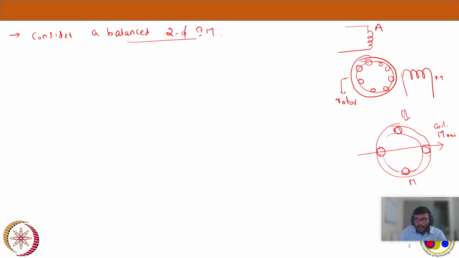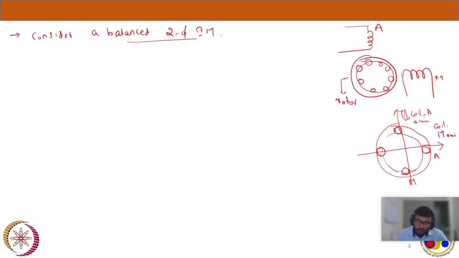This is coil A, and the axis of these two coils will be like this, towards the top or bottom based on the placement. This will be the coil A axis. So this is how we are visualizing it.